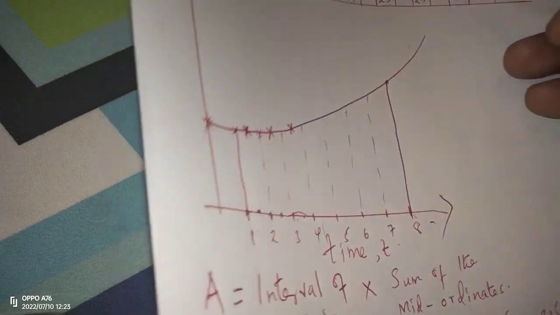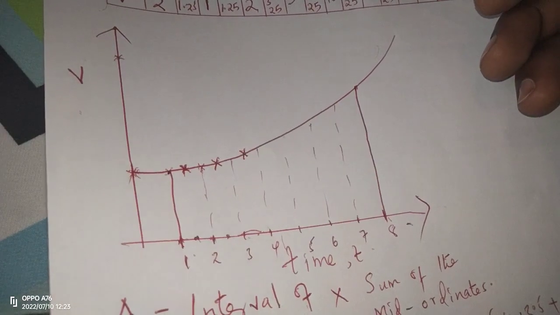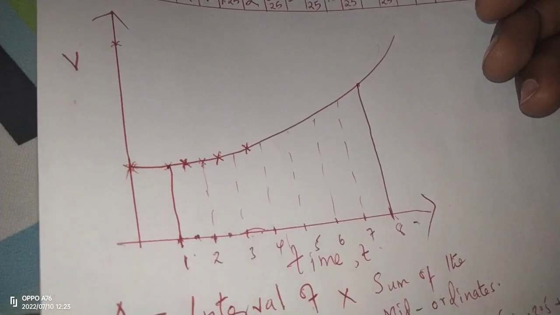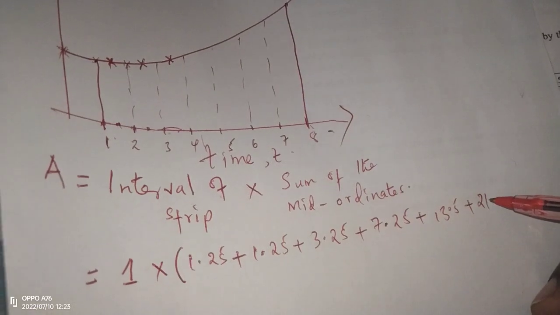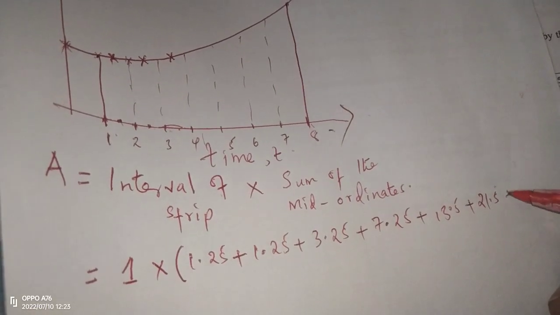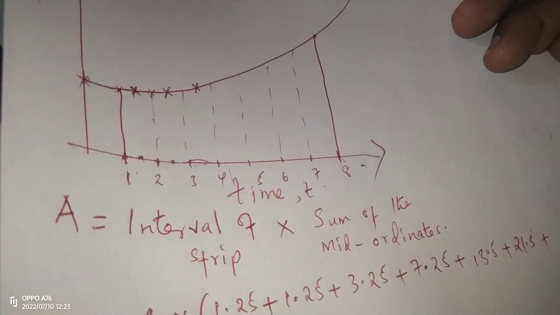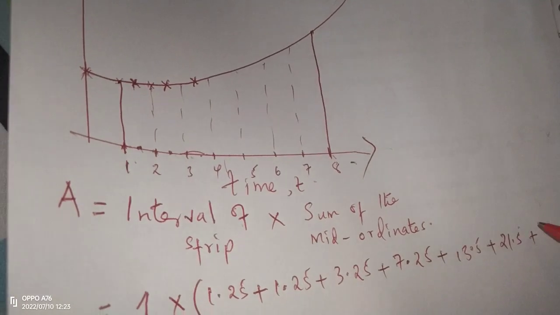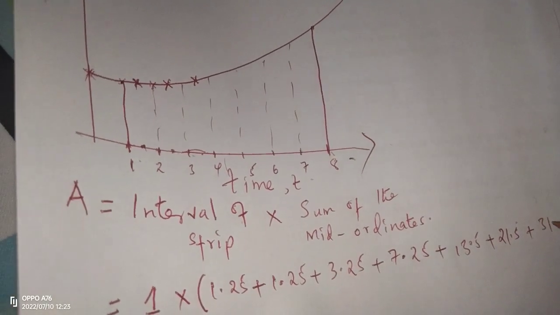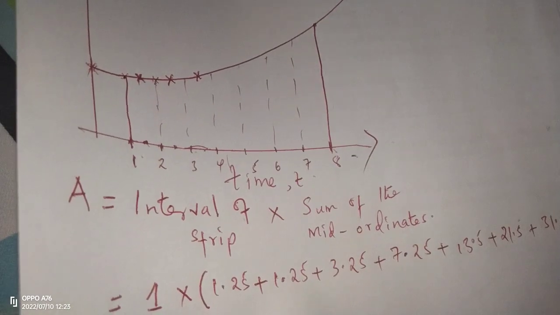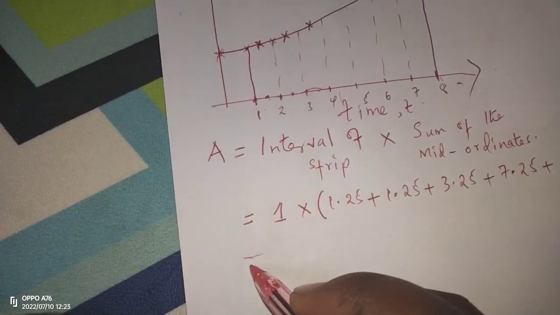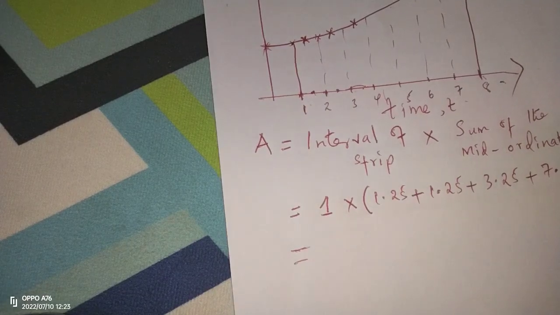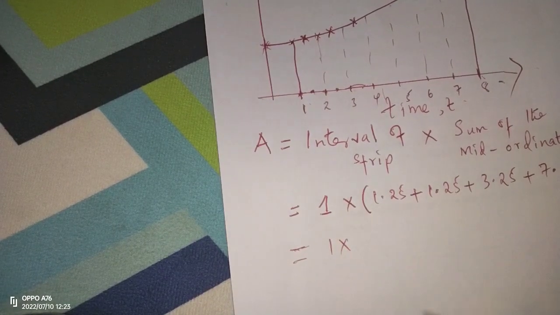Then the next mid-ordinate is 21.25, plus the last one, 1.25. So now we can add all these values of the mid-ordinates and we multiply them with 1.